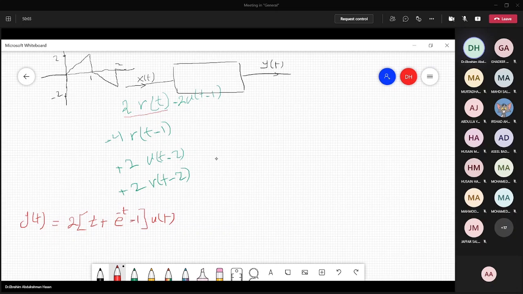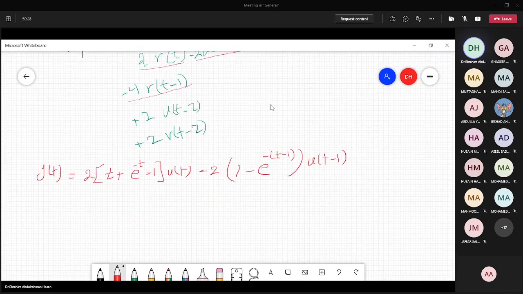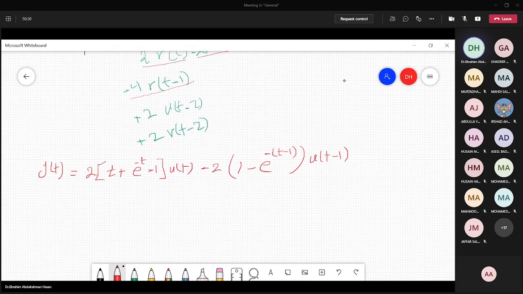Okay, then the output when it is equal to minus 2 u of t minus 1, so then it is minus 2 times 1 minus e to the power of minus t, so t minus 1, u of t minus 1. Okay, the output when the input is equal to minus 4 ramp of t minus 1 is minus 4.